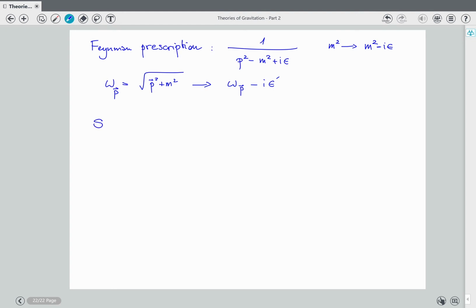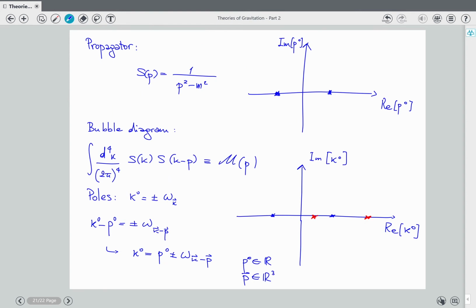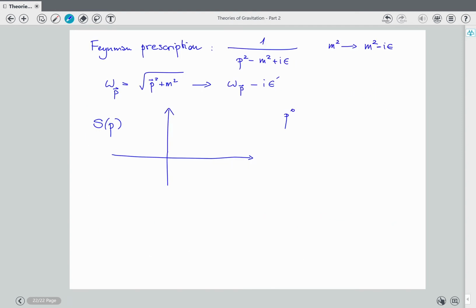And so if you study the poles of the propagator S of p, which I recall were p0 equal to plus or minus omega of p, those become plus or minus omega of p minus or plus some small imaginary part.